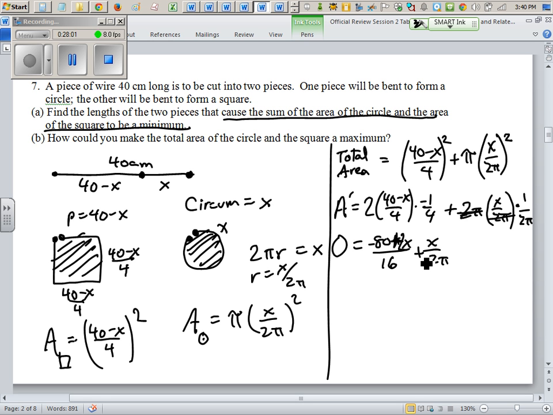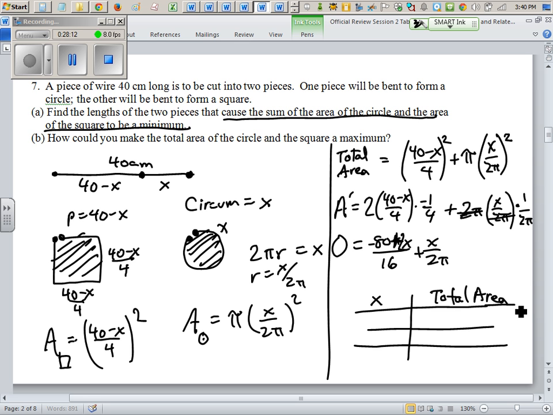When you're done, you might want to make a little table or something to kind of organize your thoughts. Okay, so you're definitely going to be plugging in your critical value. Maybe we can solve this in the calculator real quick. So we learned that x is 8 pi.